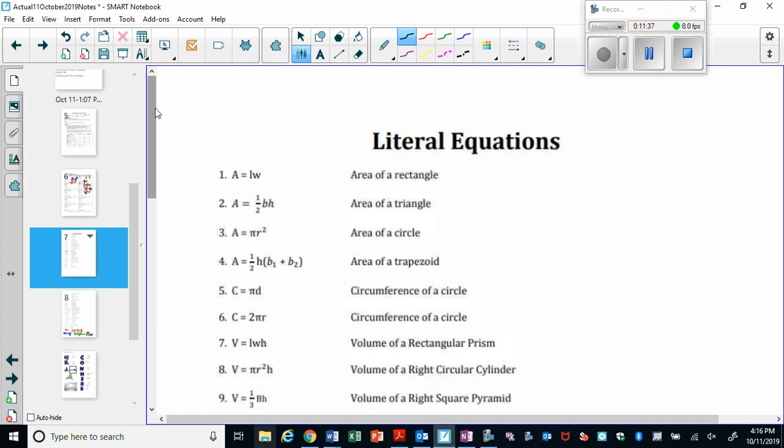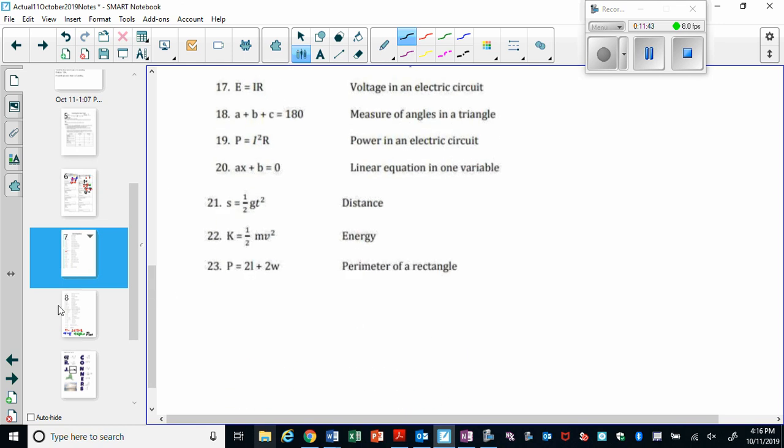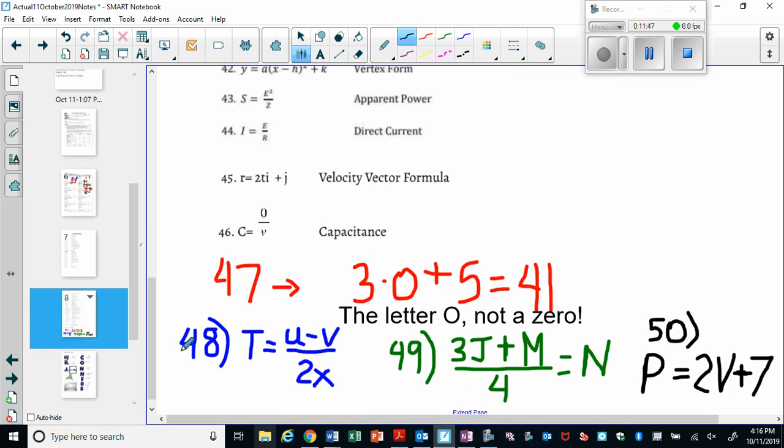So I have listed literal equations. There's 23 on this page, another 27 on this page. Notice how the last four equations were written in. These are available for your use.